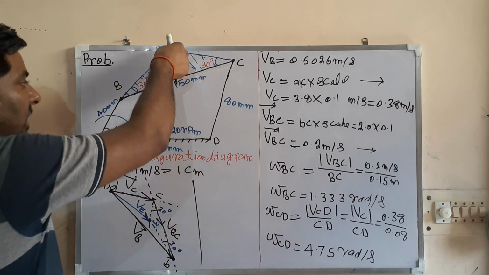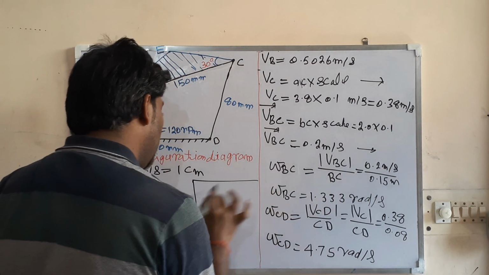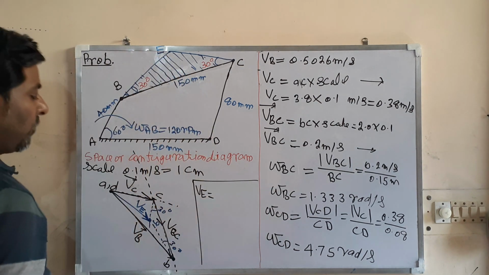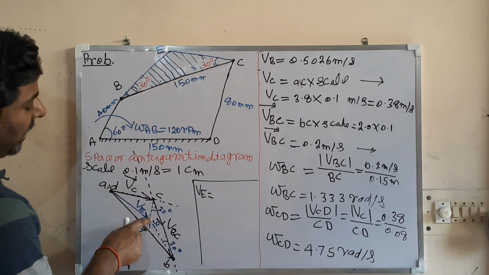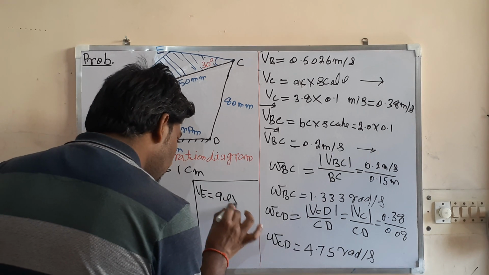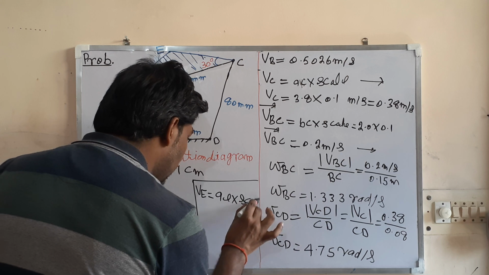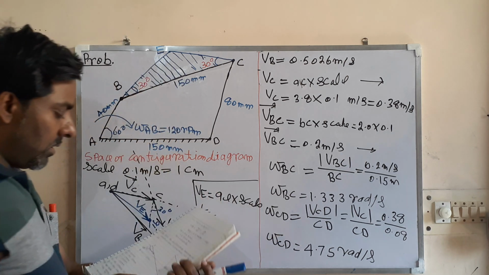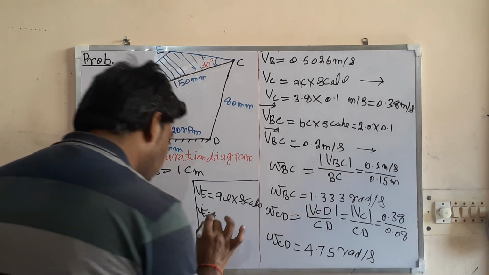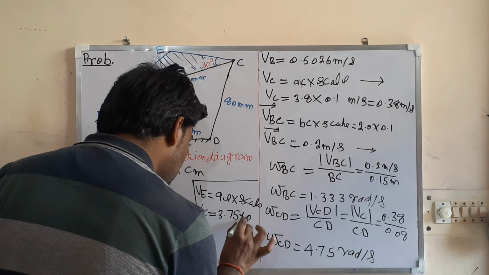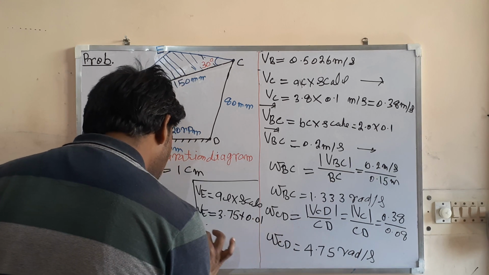One more thing is remaining: the velocity of point E. What will be the absolute velocity of point E? From the fix, this A will be the absolute velocity of point E. So this A into scale. What I have got in my scale is 3.75 centimeter, and 1 centimeter is equal to 0.1.